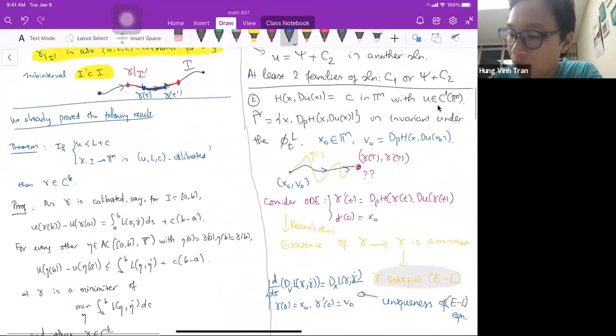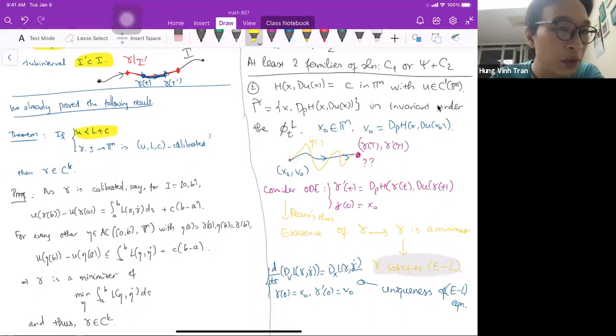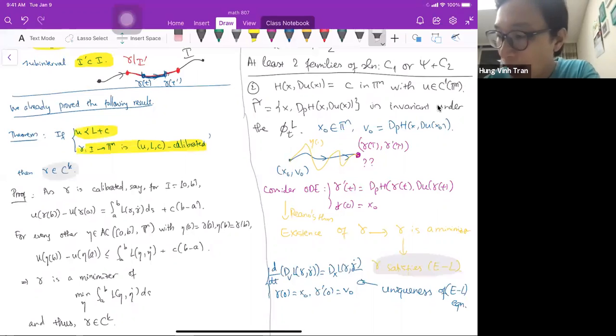So one of the important pieces is that I recall the theorem here. This was also what we did last time, but it's important to recall it. So we say that if U is dominated by L plus C, I'll recall to you what it means, and if gamma is ULC calibrated, then we can deduce that gamma is CK, and actually gamma is a minimizer. Okay. And let me recall the definition here.